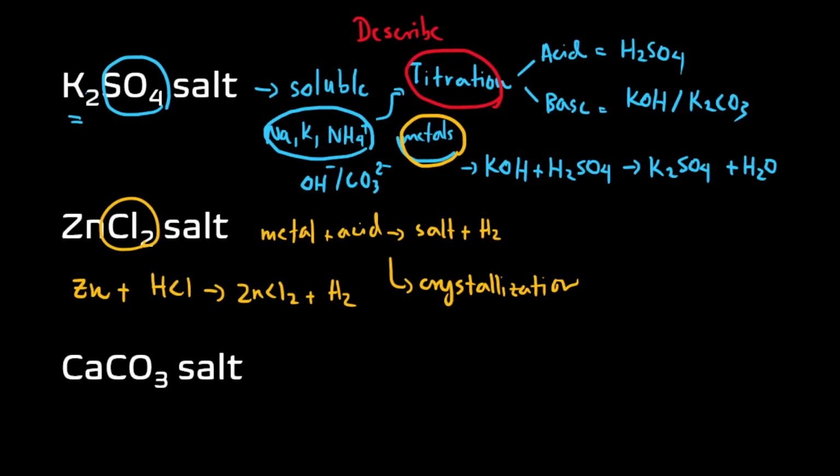Okay. Now, if it was calcium carbonate salt, you know that almost all carbonates are insoluble except these 3. So we know that it is insoluble. When it is insoluble, the only method that we can use is precipitation.